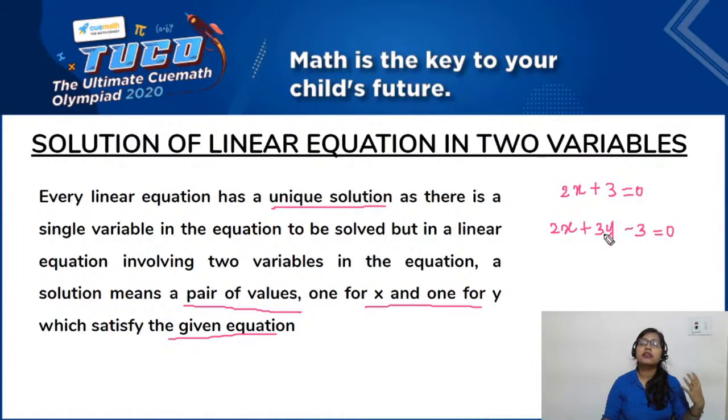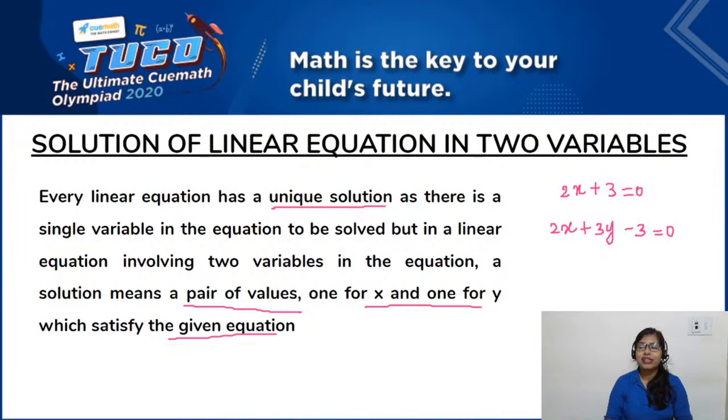In pairs as in terms of coordinates, okay? You will have pairs of x and y. With respect to every x value, what's the value of y? Both of those pairs of points are going to lie on the graph. So that's how you find out the solution of the graph. We are going to go ahead with the graphical representation of two variable linear equations very soon.